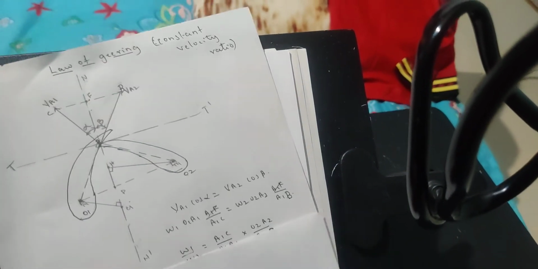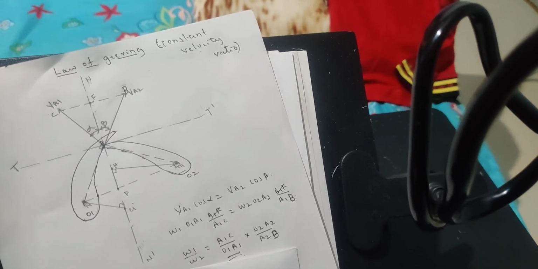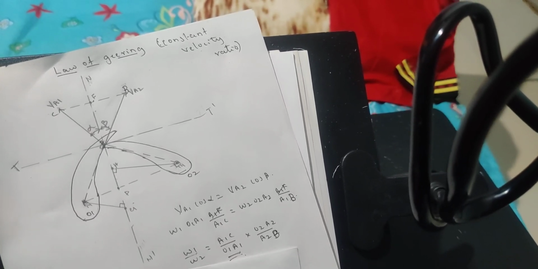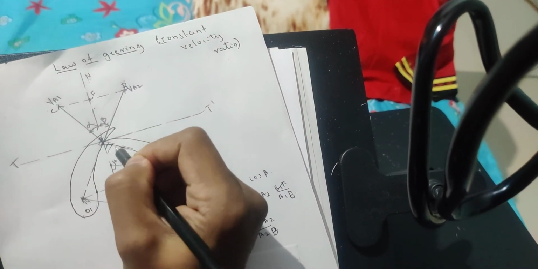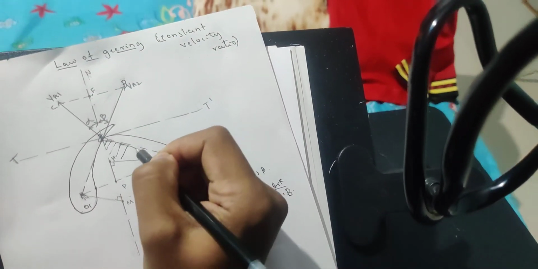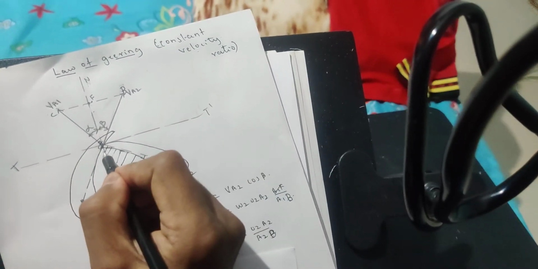Now what we'll do is, we'll take once again similar triangles. This is the triangle we'll be taking, and one more triangle is this one.